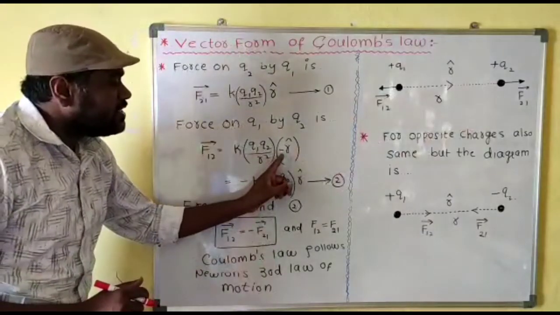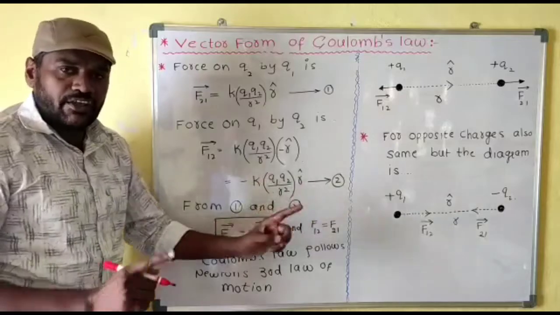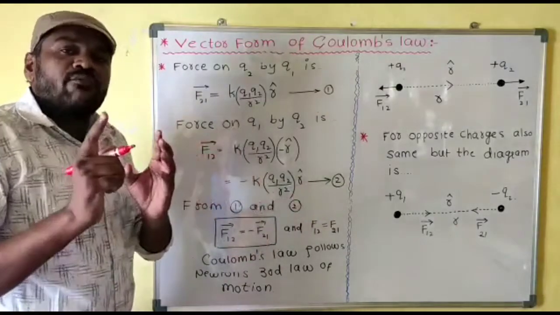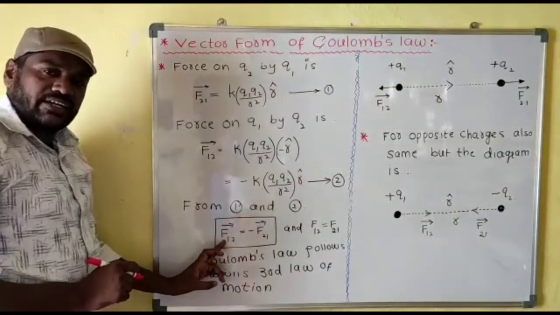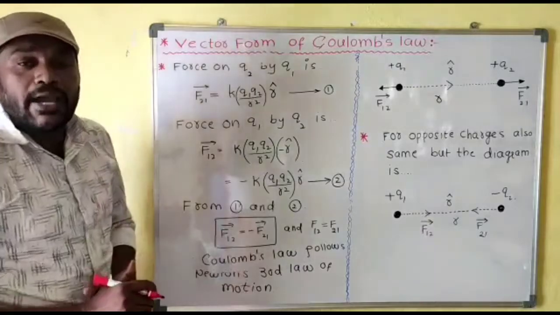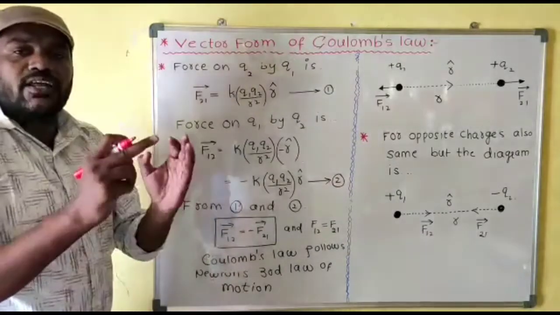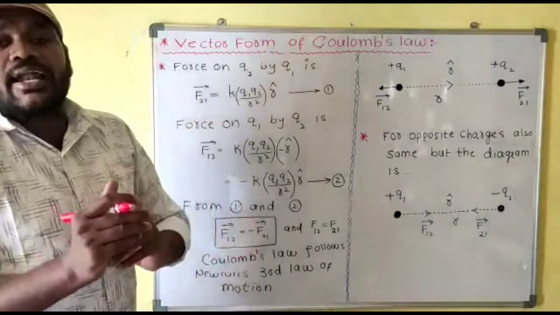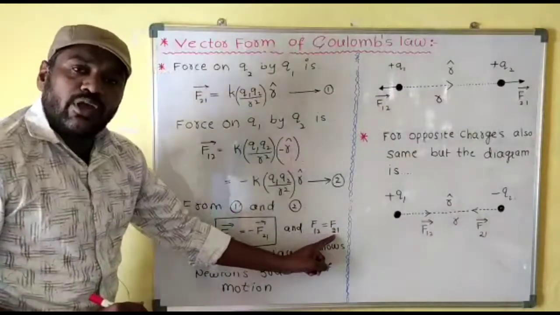When you rearrange, it becomes minus K Q1 Q2 by r square into r cap, equation number 2. When you observe equations 1 and 2, we can write F12 bar is equal to minus F21 bar. The equal sign indicates that both are equal in magnitude, and the minus indicates that both are acting in opposite directions. So F12 is equal to F21.